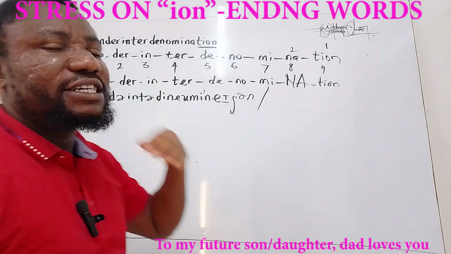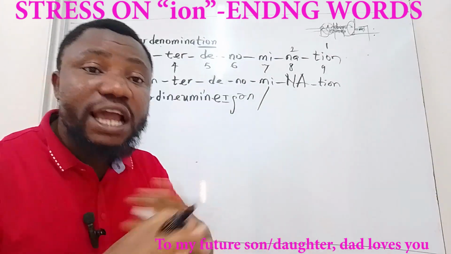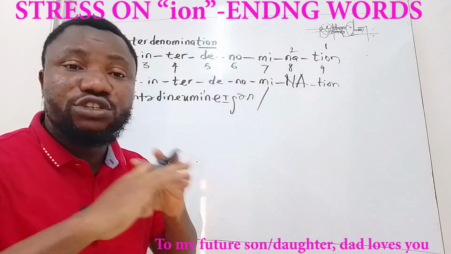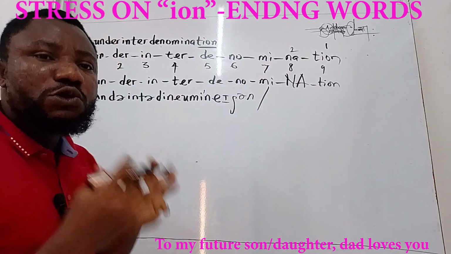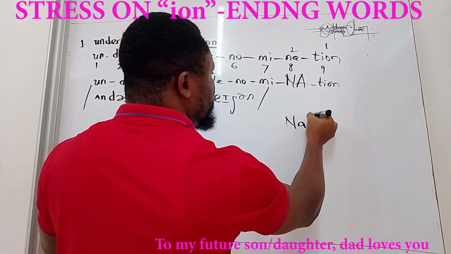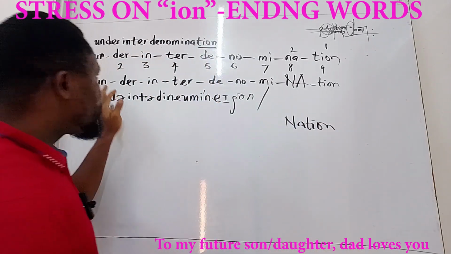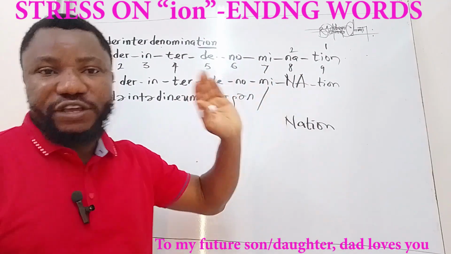Right. I did say in the second introductory video that you don't stress prefixes, you don't stress suffixes. If you look at this word, the primary word in it is nation. Nation is a real word. Every other thing that comes before nation here is a prefix.